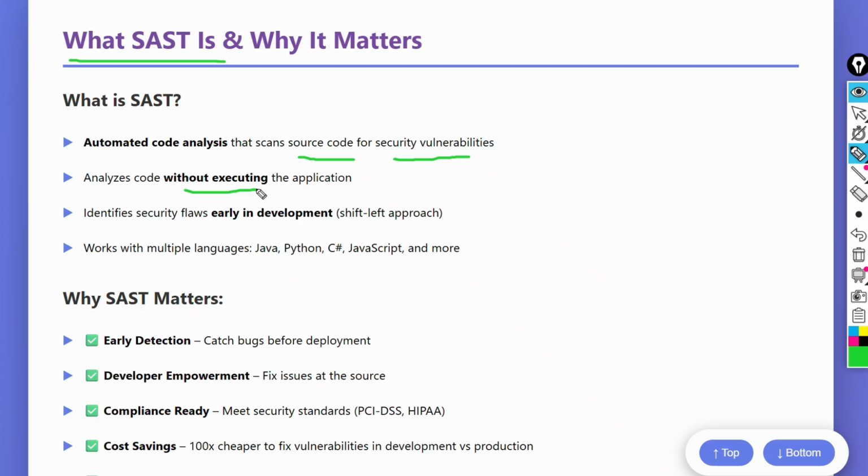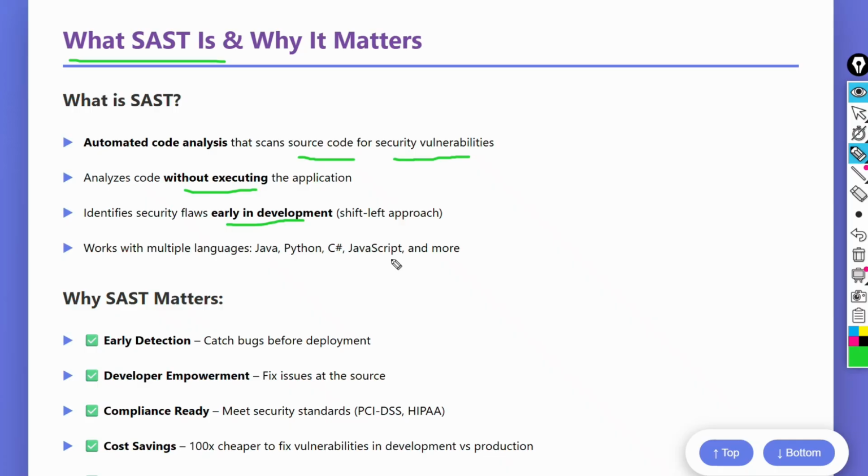That means static. When the code is static, at that time the scan runs, and SAST helps to identify the flaws early in the development phase. That means shift left security will be achieved, and it works across multiple programming languages like Java, Python, C Sharp, JavaScript, and many more.